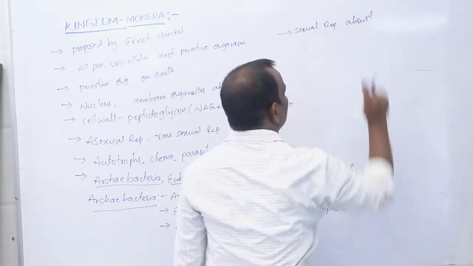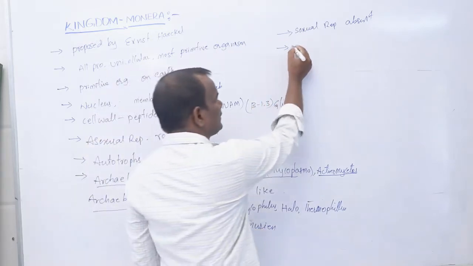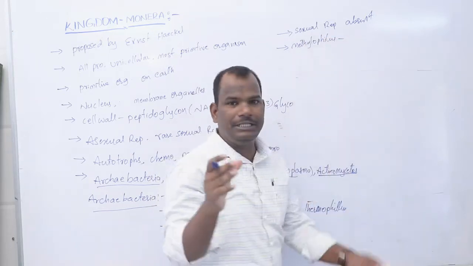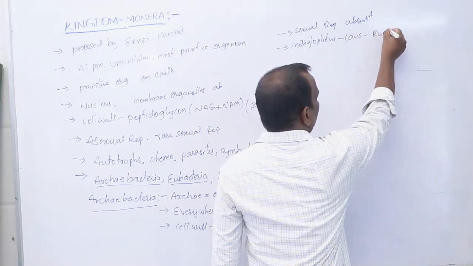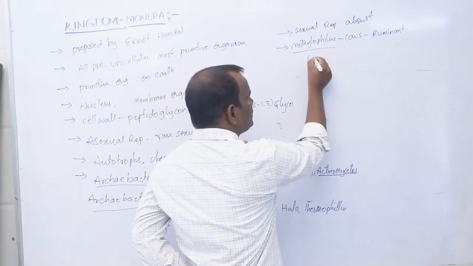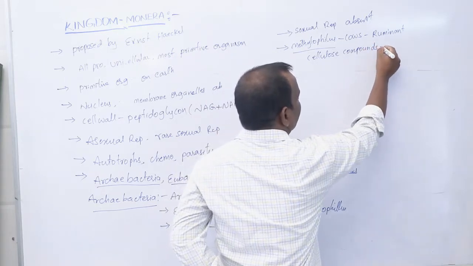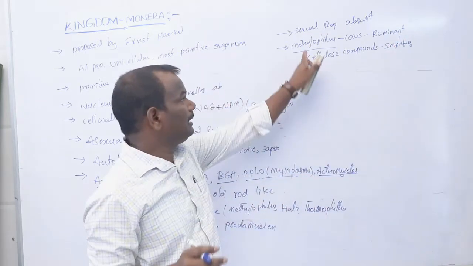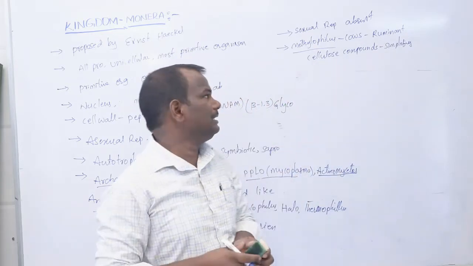The first type is the methanophile. The methanophiles are present in cows as well as buffaloes, in the ruminants. The main function of methanophile bacteria is digestion of cellulose compounds.